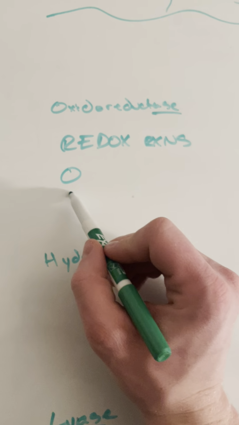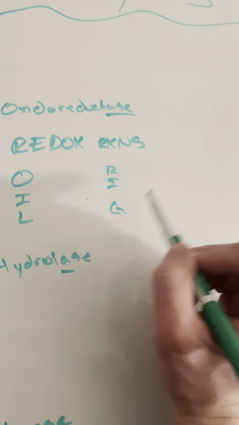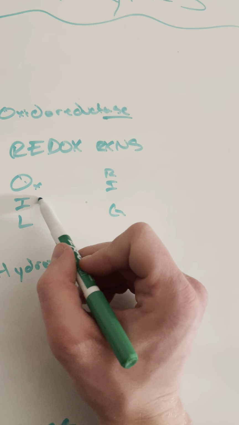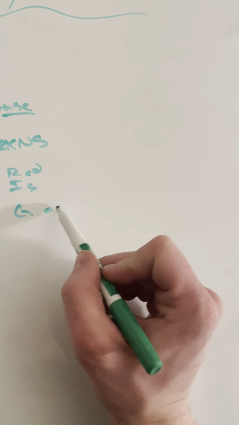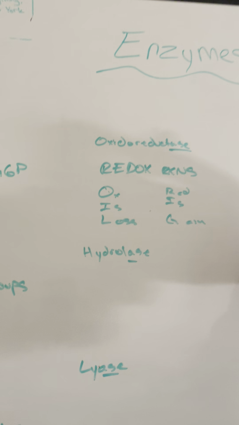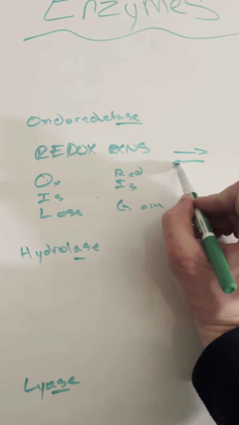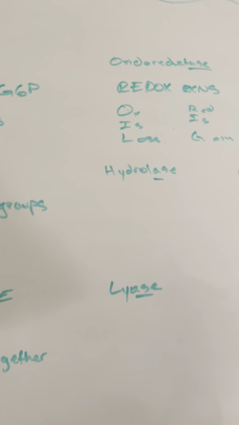And then we're going to do OIL RIG, right? Oxidation is loss, reduction is gain. These are actually two different ones, but normally they can do both the forward and the reverse, so they group them as one. Shout out Khan Academy for that one too.